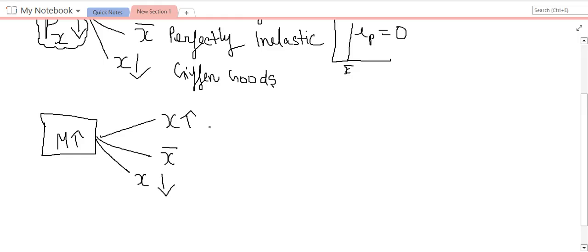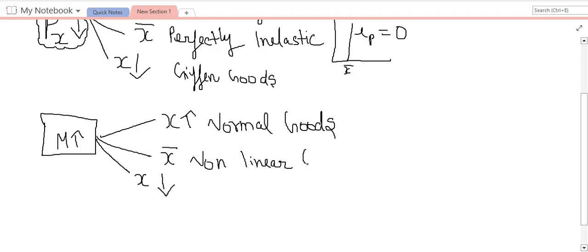We call them normal goods. Now, if the demand remains constant when income increases, these are termed as non-linear goods. And lastly, if income increases and the demand for a particular good falls, then this is an inferior good.